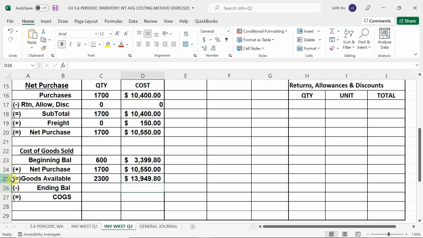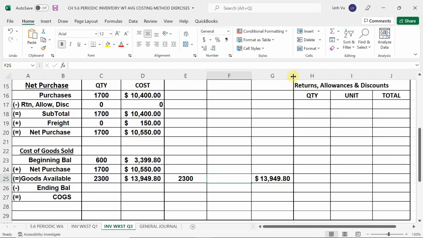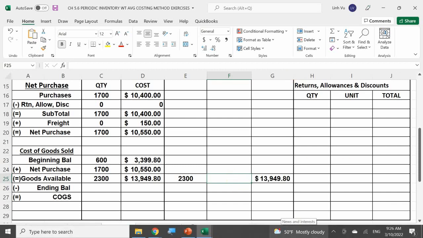So this is my total goods available. Since I have my total goods available here, this is exactly where I'm going to start calculating my average cost per item, because in this case, I have everything that I need. I have a total cost of $13,949.80, and I have my total number of units of 2,300. So this is where I'm going to solve for my average cost per item. I'm going to take my $13,949.80 and divide it by my 2,300. So what is my average cost per item?